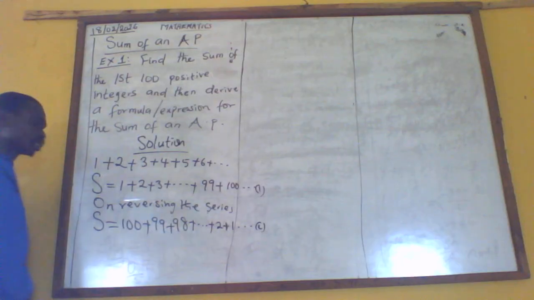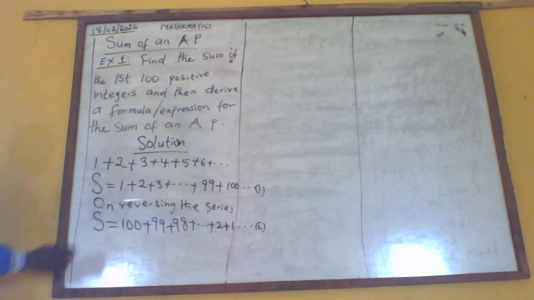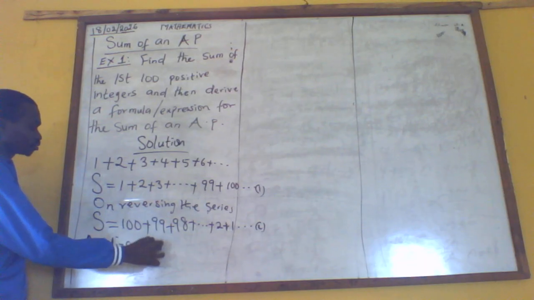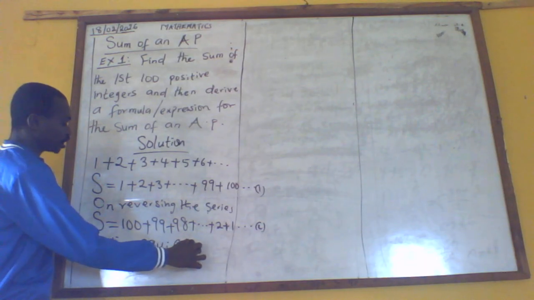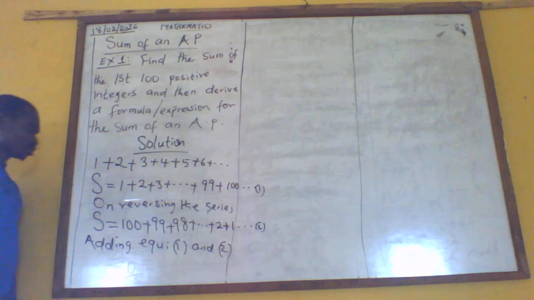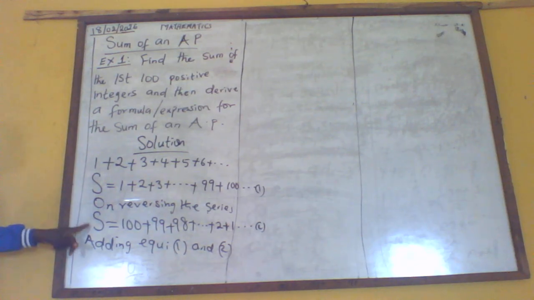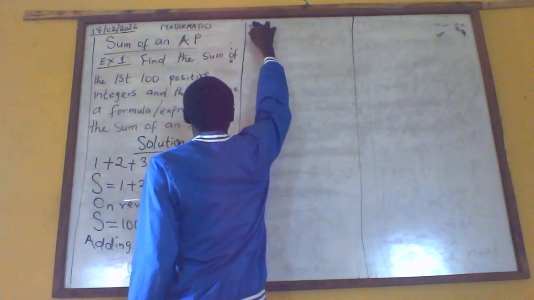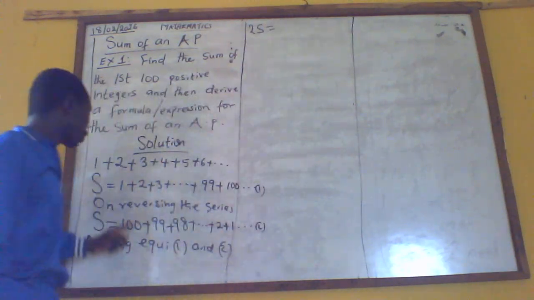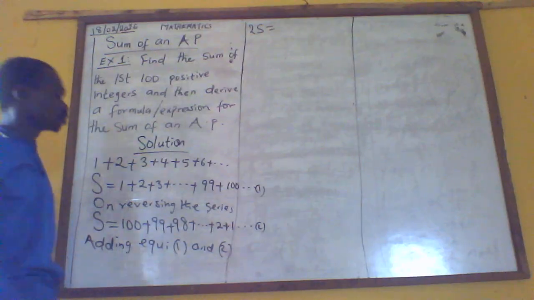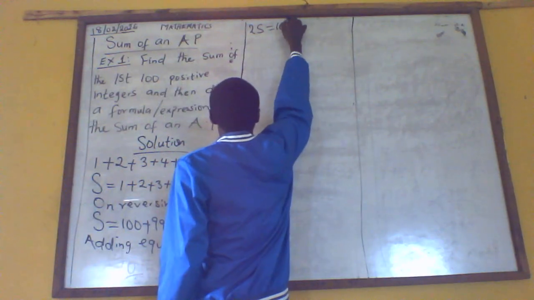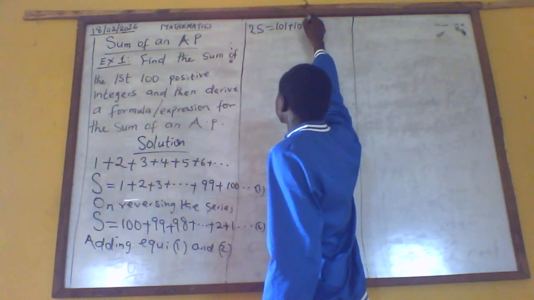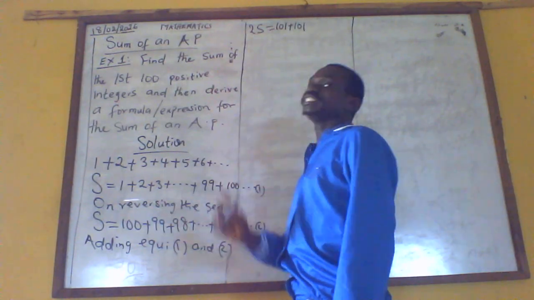Let us assume this is equation 1, and this is equation 2. So adding equation 1 and 2, S plus S will give us 2S. 1 plus 100 will give me 101. 2 plus 99 will also give me 101. 3 plus 98 will also give me 101.